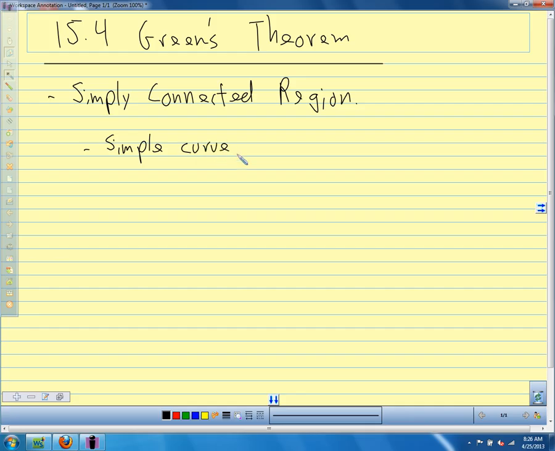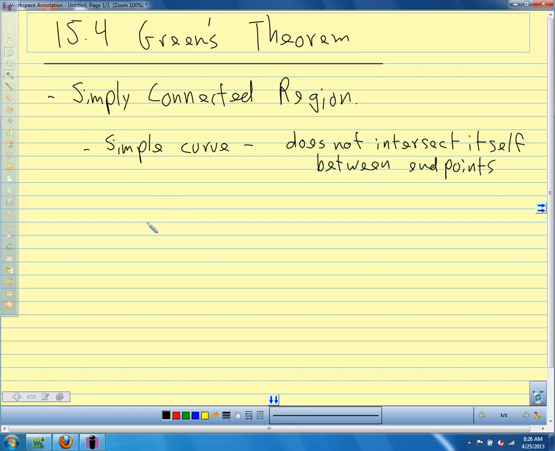A simple curve doesn't intersect itself between its endpoints. A curve like this would be simple if we're traveling along the curve this way, and something like this would not be simple.